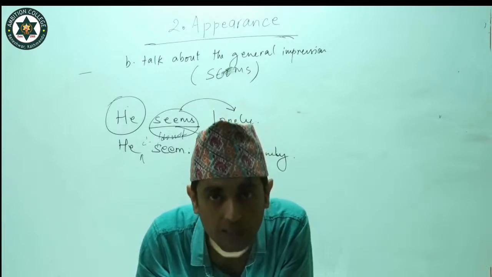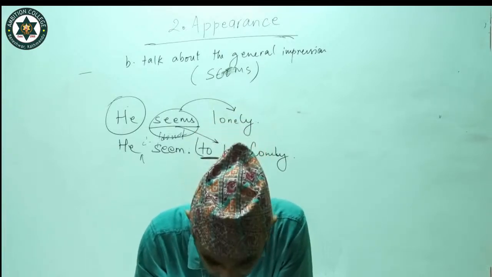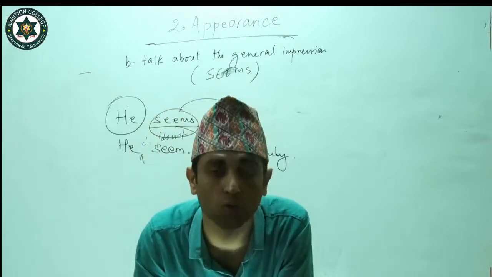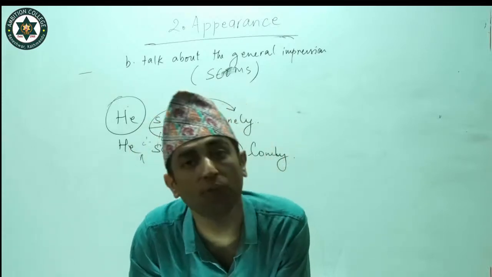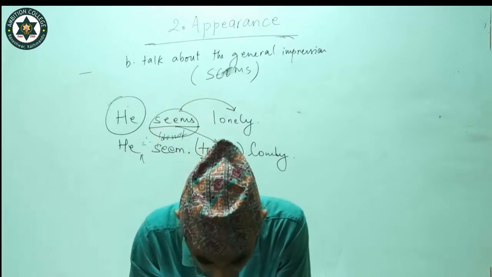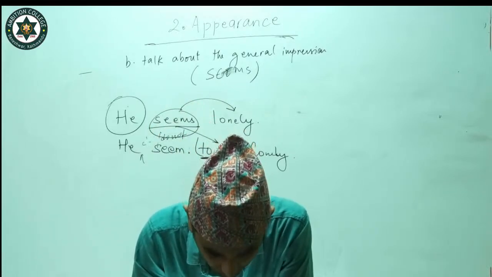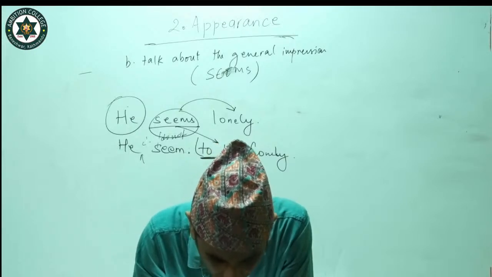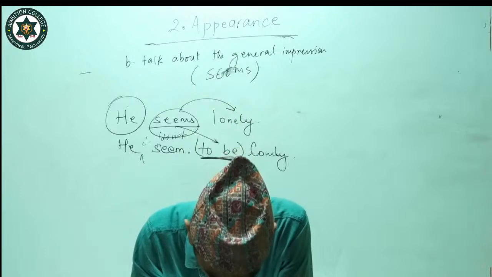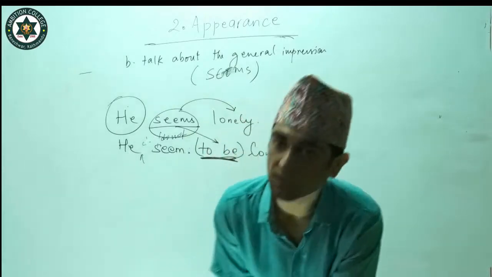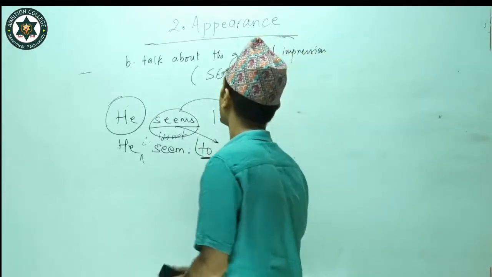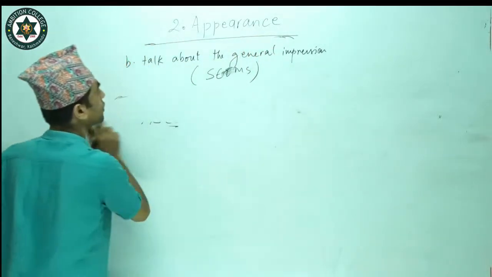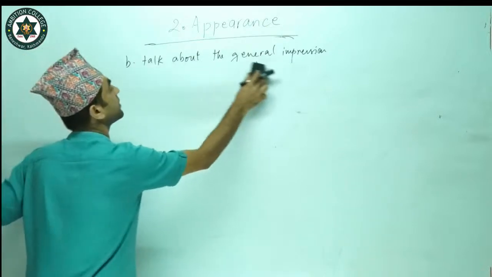He does not seem to be a bachelor. Here we use the negation before the seems. After that, talking about approximate ages, after seems we have the structure to talk about the approximate age.